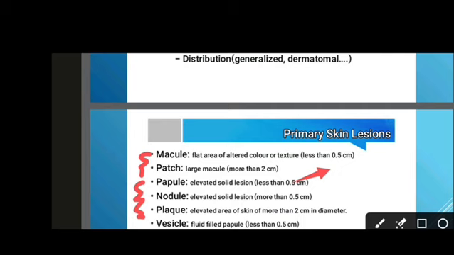A nodule is an elevated solid lesion, the same as a papule, but the difference is that it is greater in diameter than the papule. And a plaque is an elevated area of the skin more than 2 centimeter in diameter.